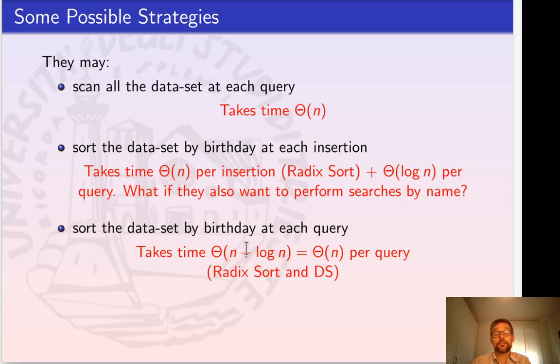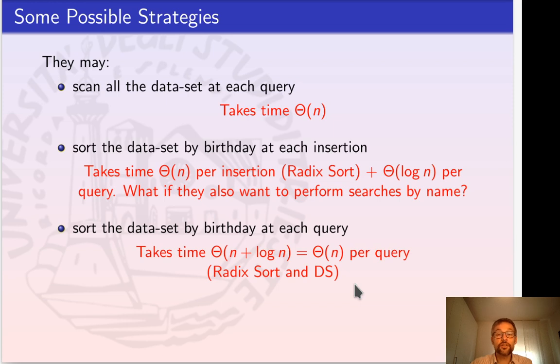Well, in the first strategy, for each query we are sorting the data set, and this of course takes time theta of n, because again we are using radix sort to sort the data set, plus big O of n for the query, and then we end up with a theta of n.